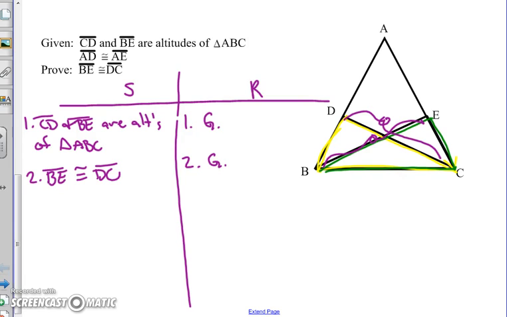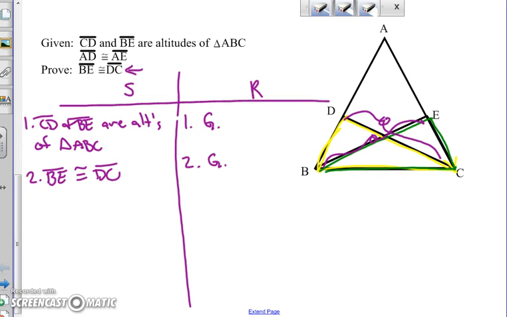So then my next question is what are we trying to prove? Which triangles would have a CPCTC that would include BE and DC? The two triangles I just highlighted at the bottom, if I can prove those two congruent, then by CPCTC I could definitely say that BE and DC are congruent to each other. Okay? So I'm just tucking that in the back of my mind. I've got a lot of stuff marked on those ones. What would CPCTC on those two triangles get me where I'm trying to go?